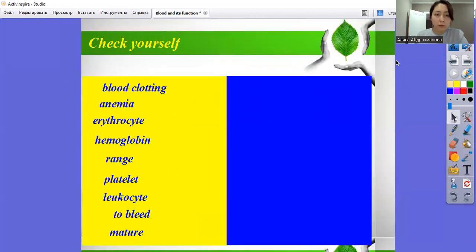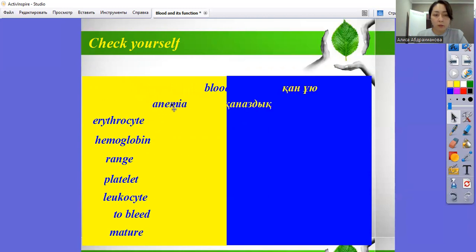Okay. You came up to the last part of this lesson. Blood clotting. Blood clotting бұл қанның ұйуы. Анемия, жаңағы қан аздық, я?